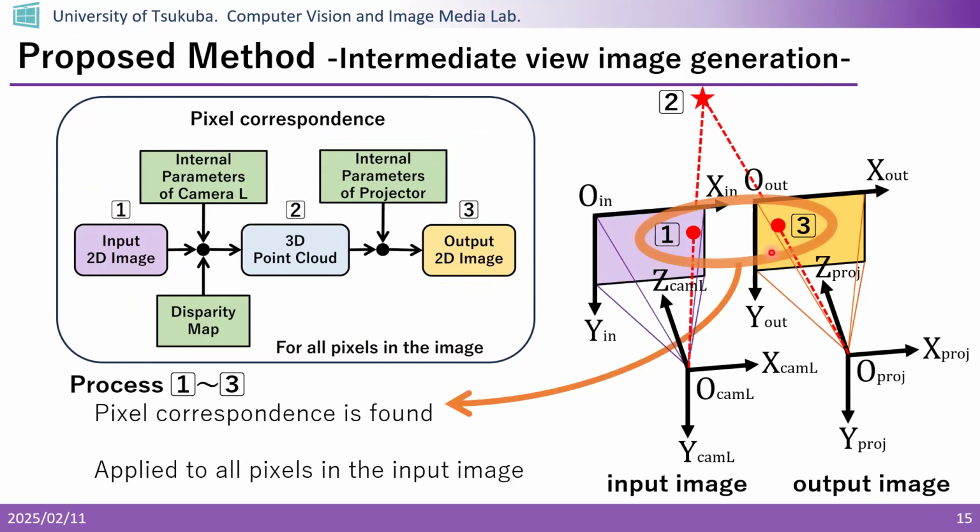By these 3 processes, the pixel correspondence between the input image and the output image can be found. The pixel values, that is, color tones, obtained in the input image are applied to the corresponding pixels in the output image. These processes are applied to all pixels in the input image. Then we can generate the output image.